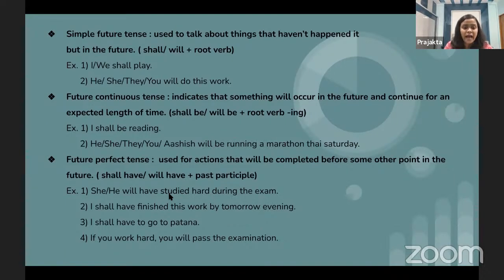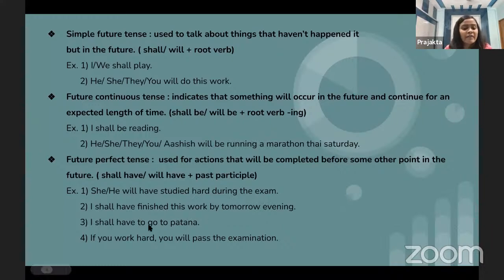So: will have, shall have, and past participle. She will have studied hard during the exam. I shall have finished this work by tomorrow evening. The ed form is given here. I shall have finished this work by tomorrow evening.